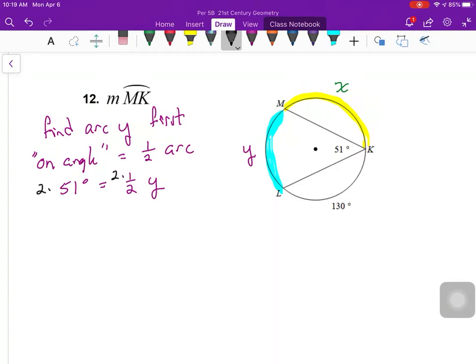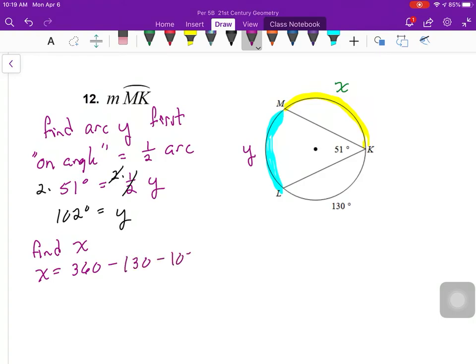So the angle is 51 degrees, and that's half of y. We can multiply both sides by 2. So I get 102 degrees equals y. And now we'll find x.